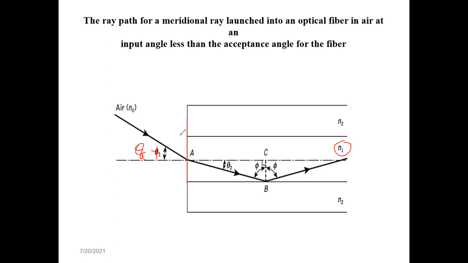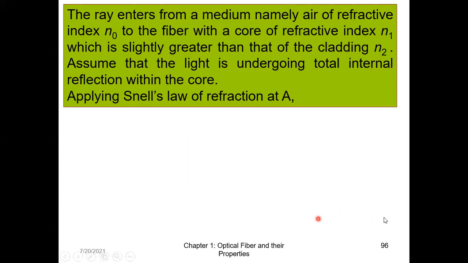Can anybody tell what they have written? N0 sine theta A equals N1 sine theta 2. Yes, Shantanu, you are right. So N0 sine theta A is equal to N1 sine theta 2. So you are applying Snell's law of refraction at A.